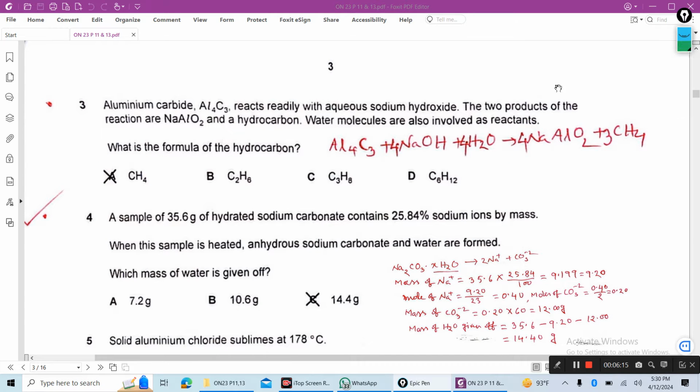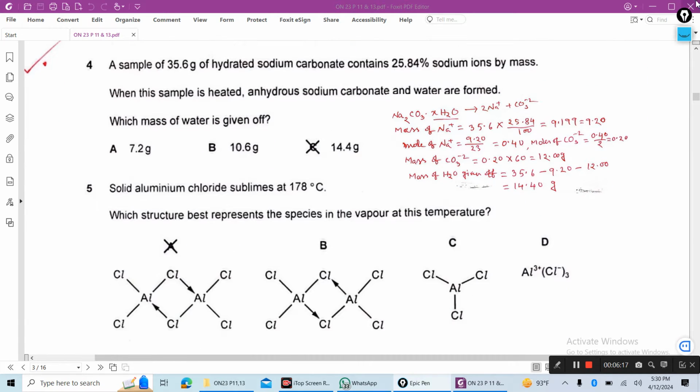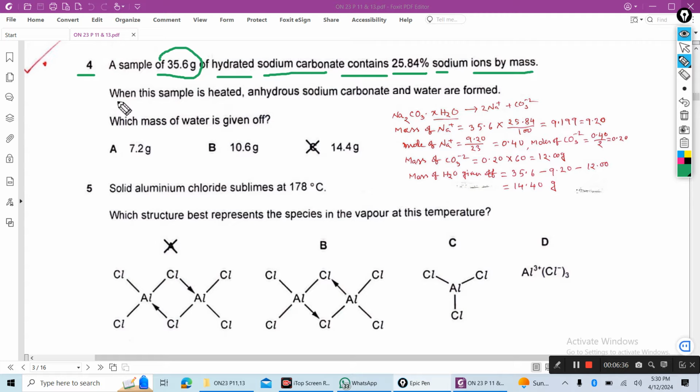Number 4. A sample of 35.6 gram of hydrated sodium carbonate, meaning with water, contains 25.84% sodium ions by mass.